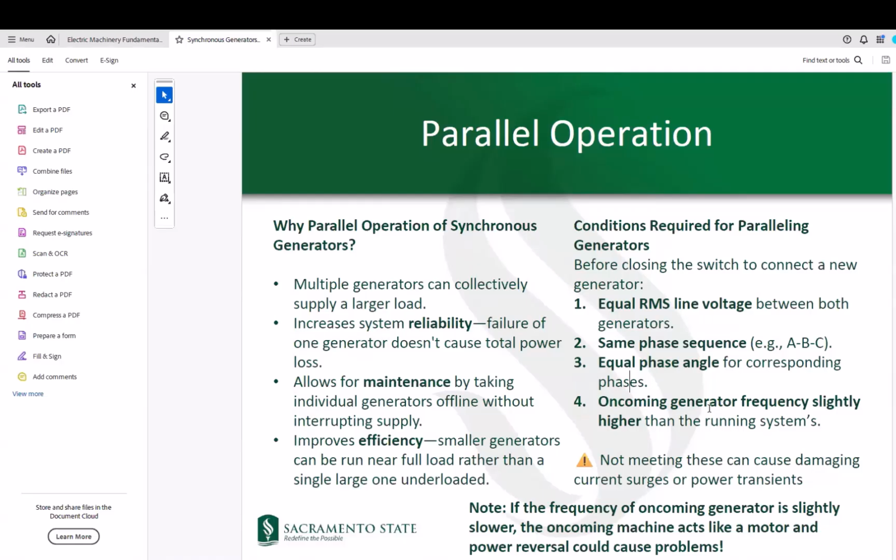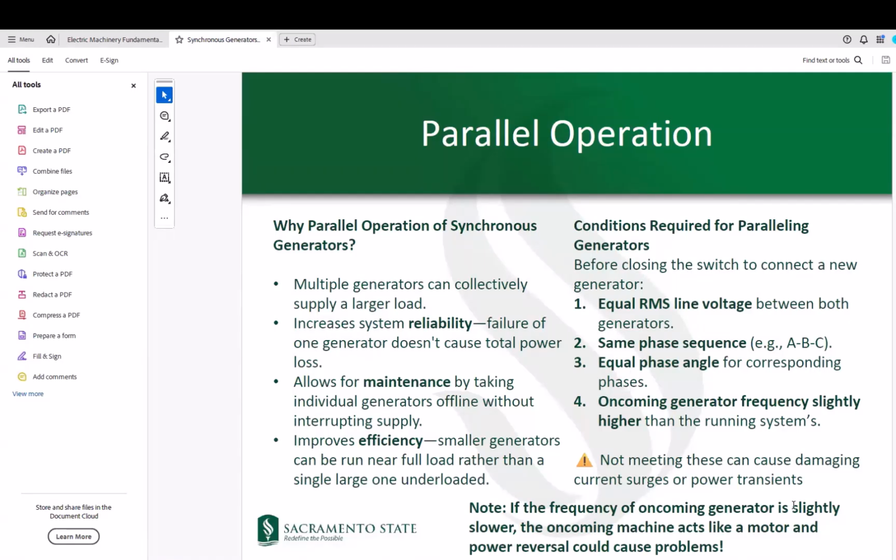If the frequency of the oncoming generator is below the rest of the generators, this will cause a motoring action. So there would be some power flow from the rest of the generators towards the new generator that is coming into the circuit, and it causes it to act like a motor. There would be a reversal of the power.